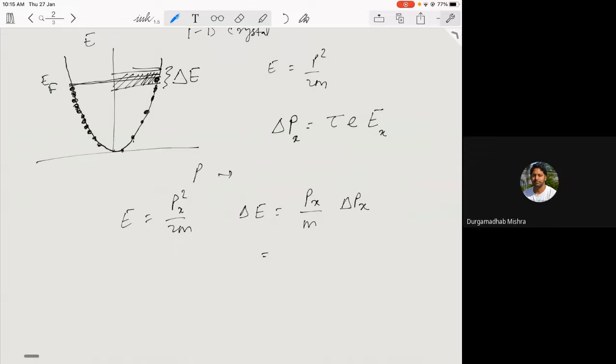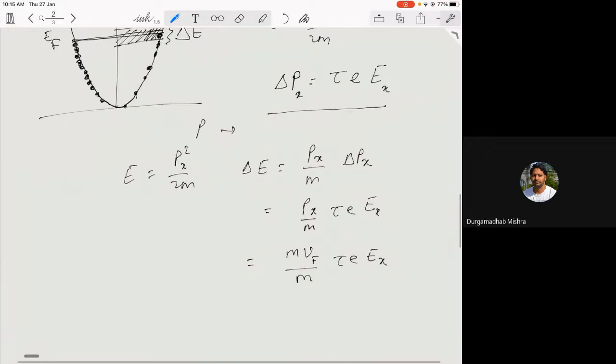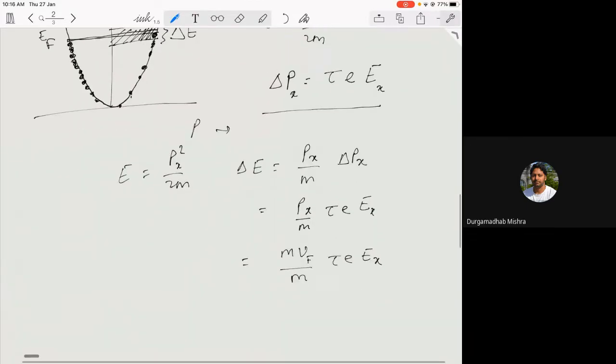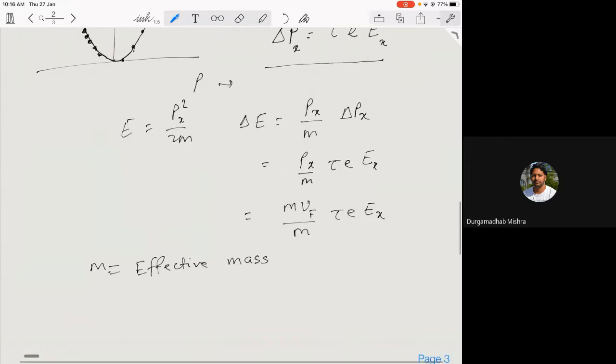Now if you substitute the expression for delta Px here, you'll have Px by m tau E, which you can also write as m vF by m tau E. The momentum we are talking about is only the momentum of electrons close to the Fermi level, and therefore it will be m into vF. Here m is the effective mass, so it may not be the same as the free electron mass.